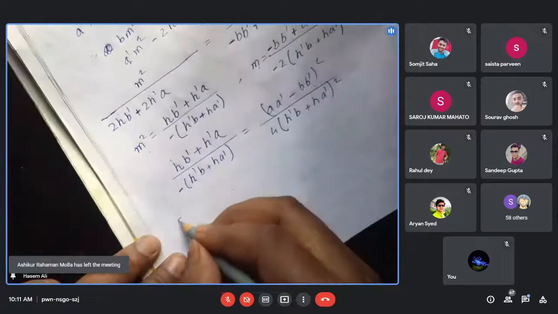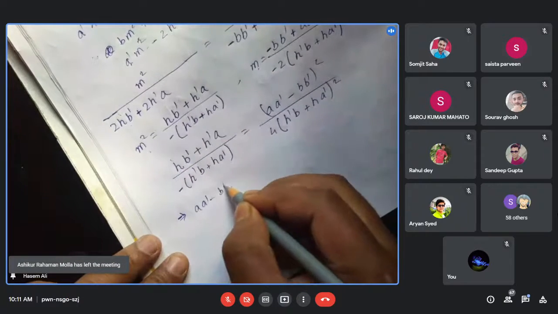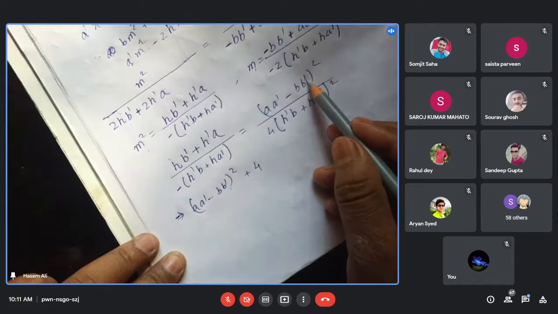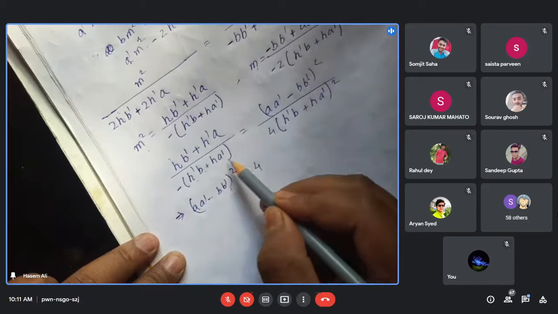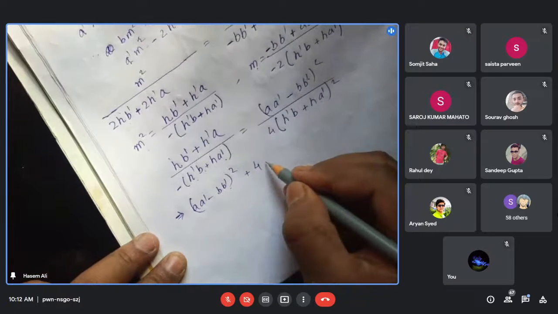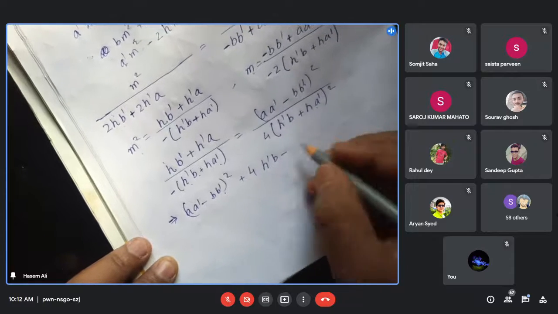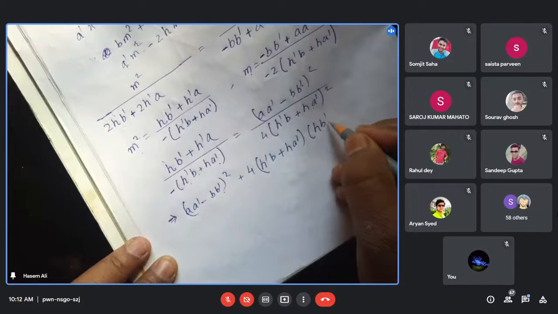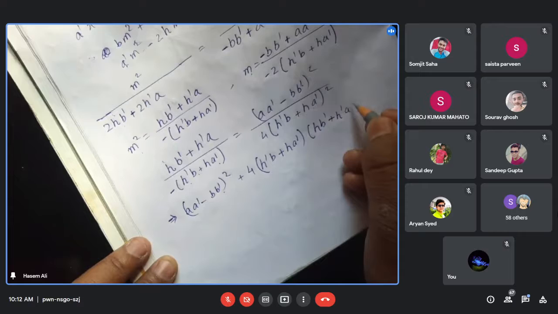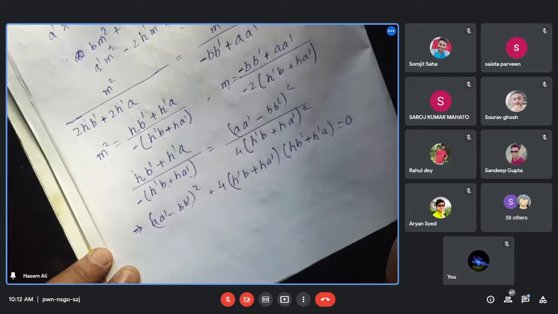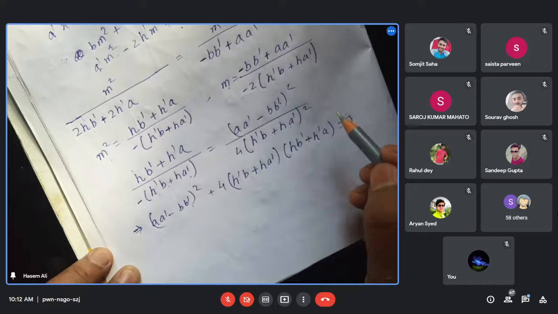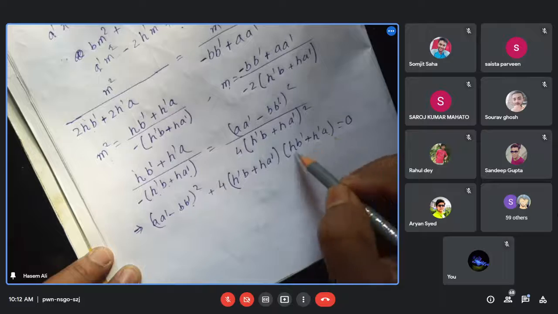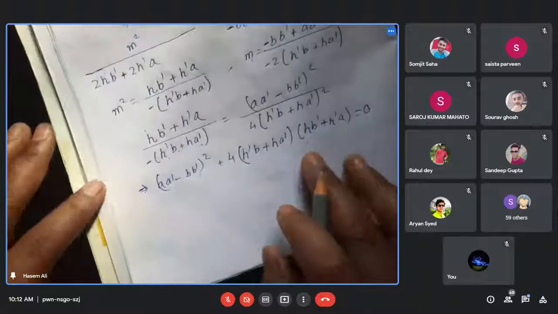So finally we have a dash minus b dash square into 4 h dash b plus ha dash into hb dash plus h dash a equals to 0. This is the condition.